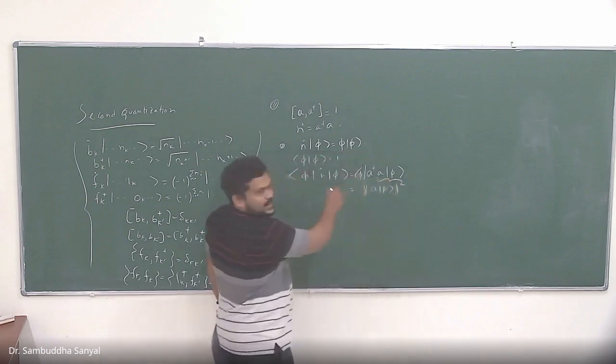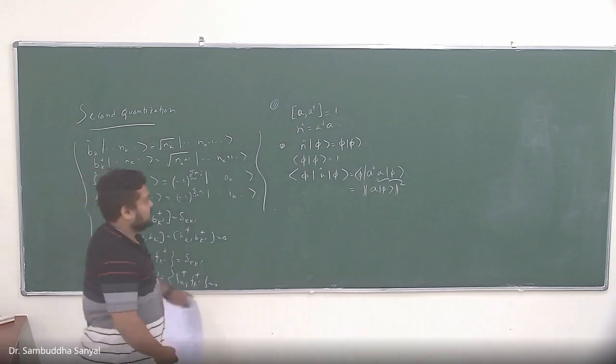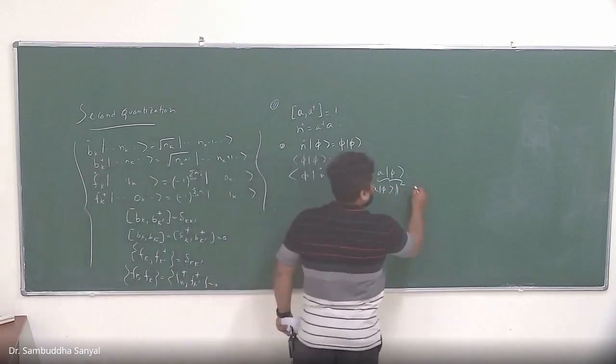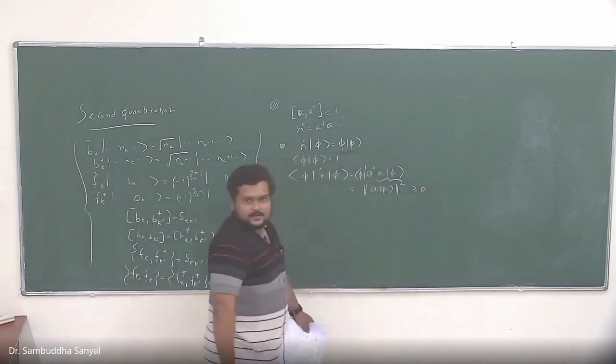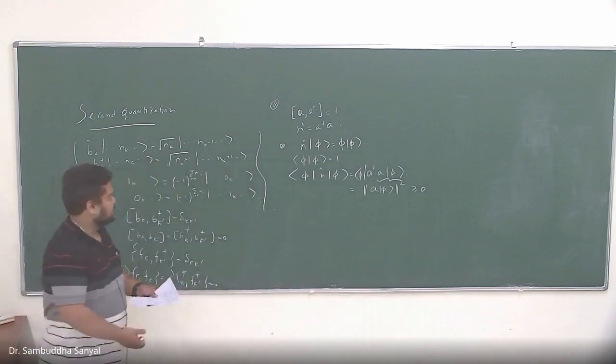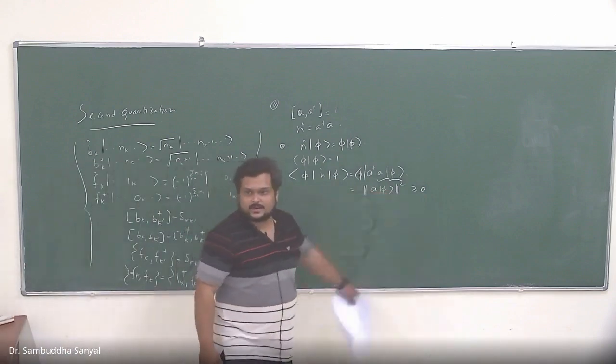This square is conjugate, right? So it is nothing but this. So then this must be greater than 0, okay? Since it's a squared object. It's a number, it's a squared number.